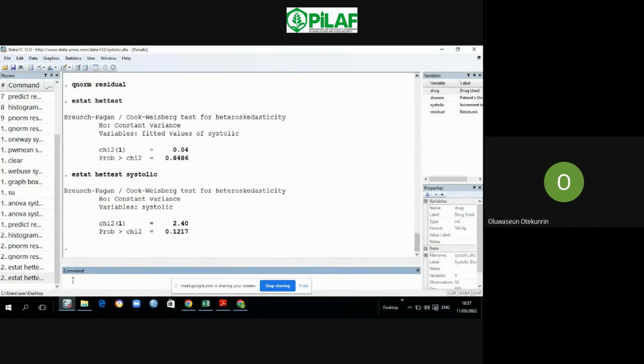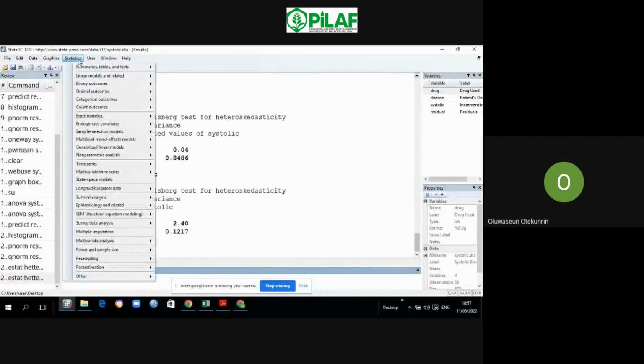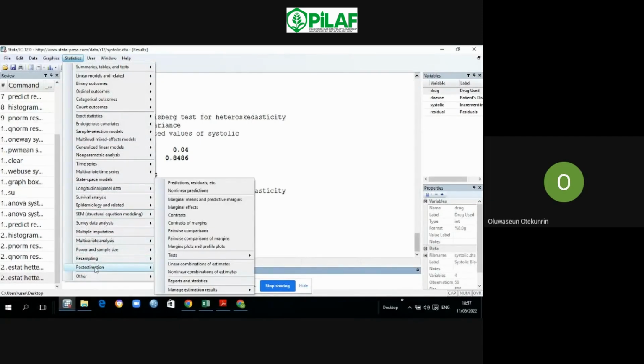But if you want to pass through the menu for Stata 14 and above, you go from statistics to post estimation to so many other steps, other reports, summarize estimation samples, you launch so many. But if it is Stata 12, you just move from statistics, go to post estimation, then to reports and statistics.